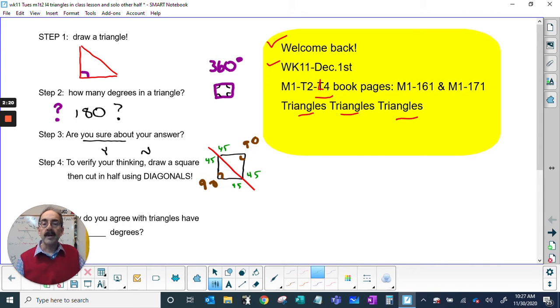So a triangle is indeed 180 degrees. 90, 45, 45.